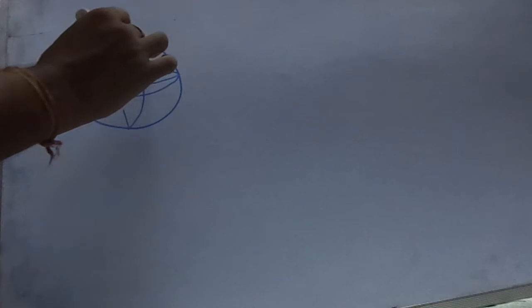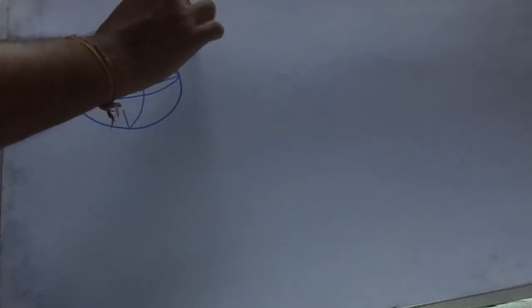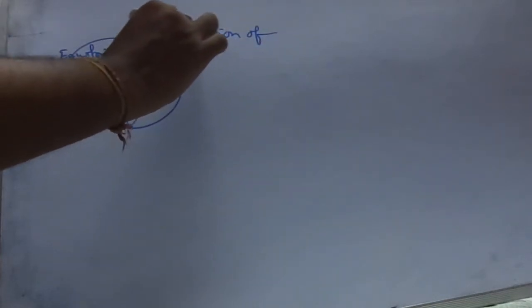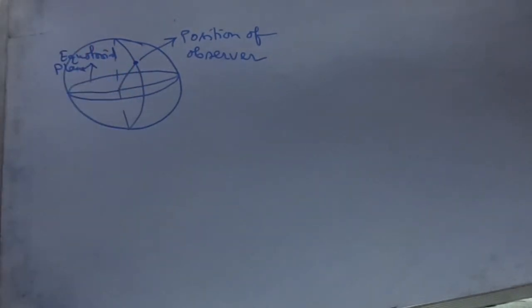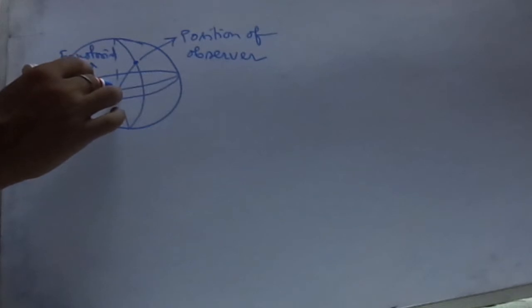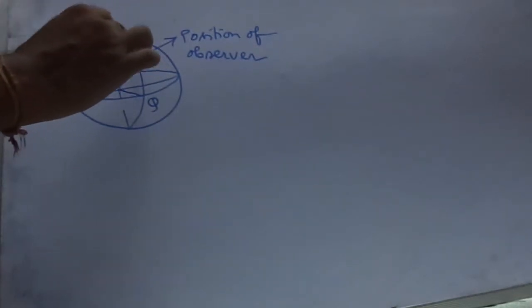Suppose this is the position of the observer. Draw the line to the center. One point is P, another one is Q, and this angle is equal to phi.